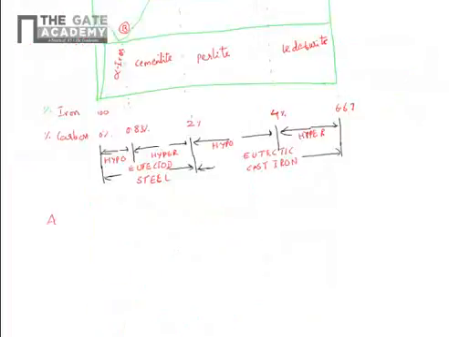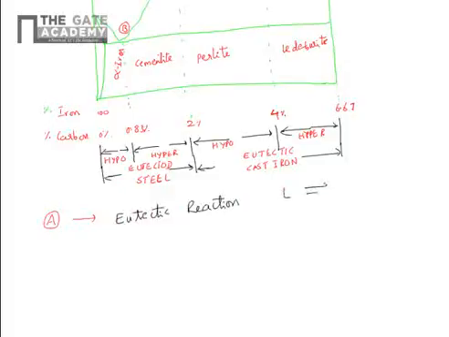A is called the eutectic point, where the eutectic reaction takes place. What is the eutectic reaction? At A, liquid is converting into two solids, solid 1 and solid 2.